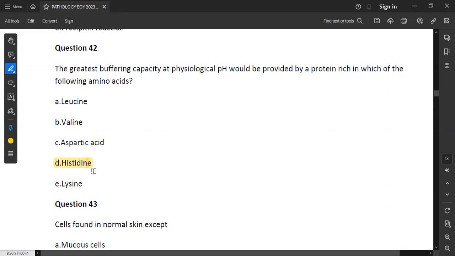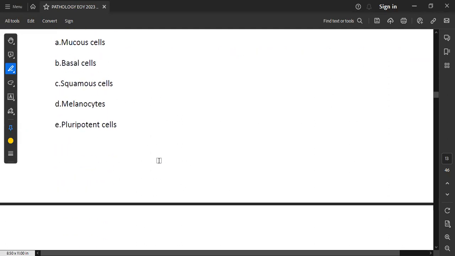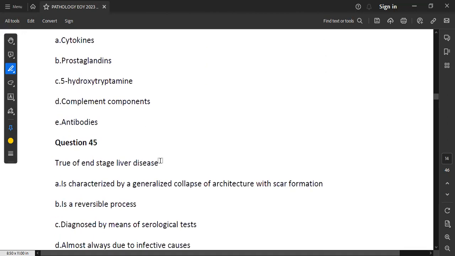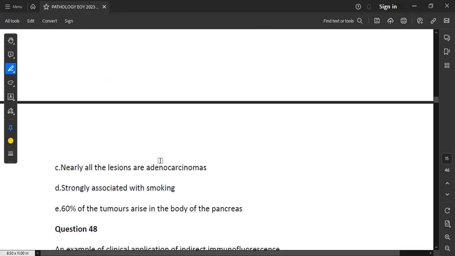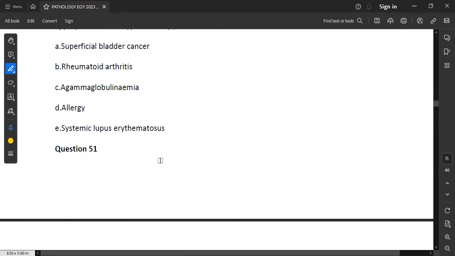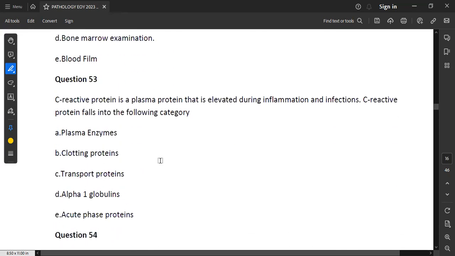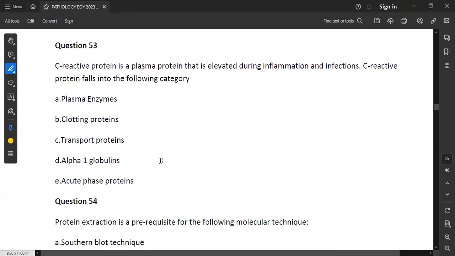We go to question 53. This one, what's the answer? E. Yeah. So C-reactive protein is an acute phase protein.